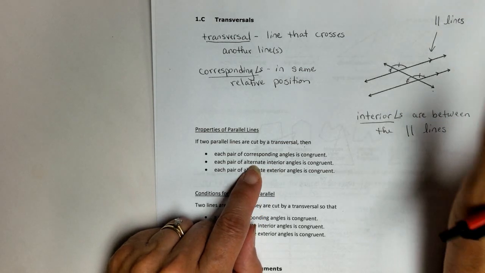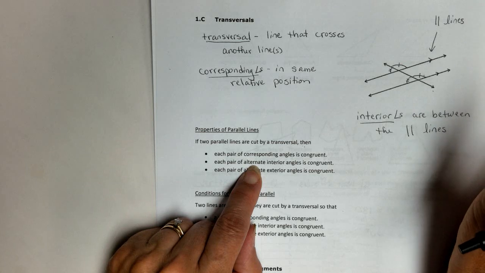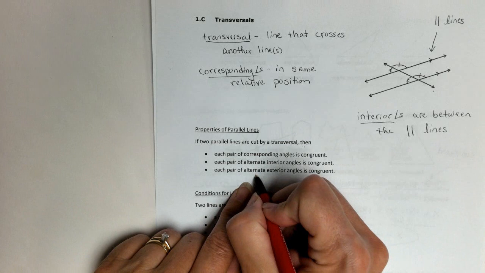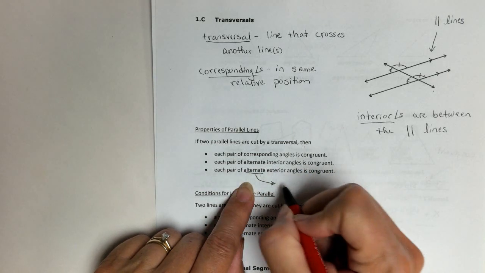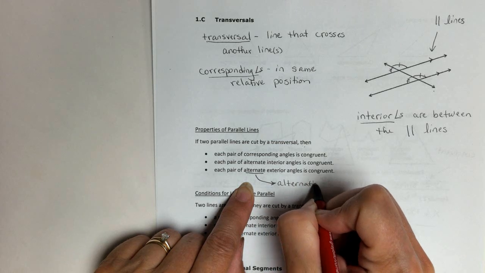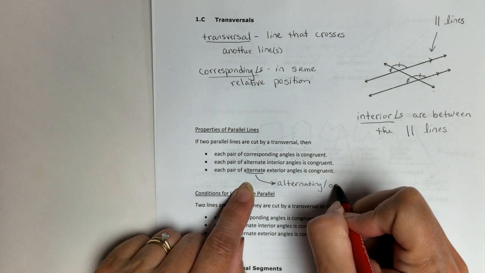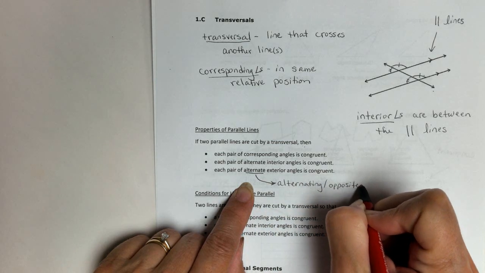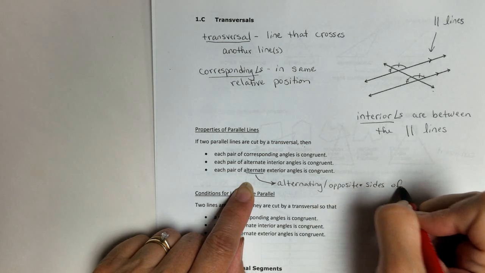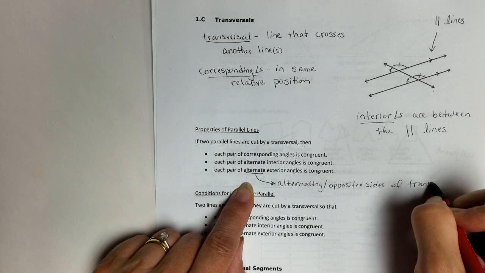Alternate means they're on alternating sides of the transversal. Okay, alternate, they're on alternating or opposite sides of the transversal.